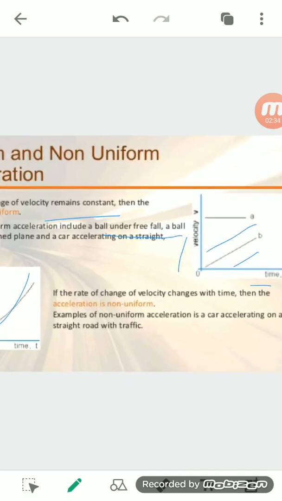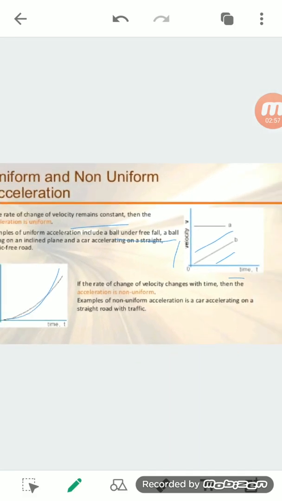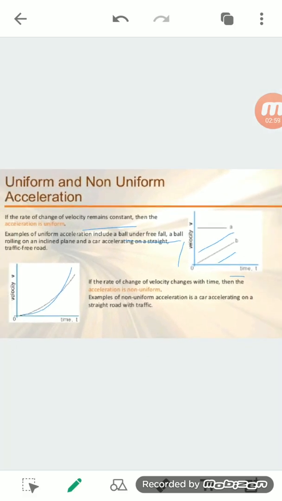An example of non-uniform acceleration, which we already discussed, is a car accelerating on a road with traffic, or a car accelerating in a crowded place. That kind of acceleration is known as non-uniform acceleration. This graph shows the difference between uniform and non-uniform acceleration.